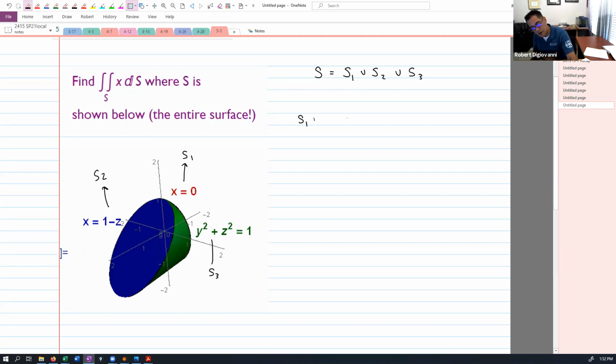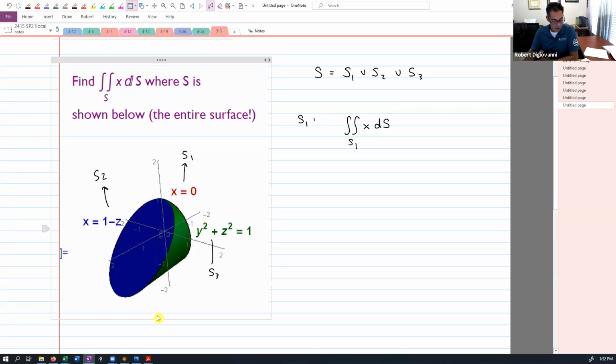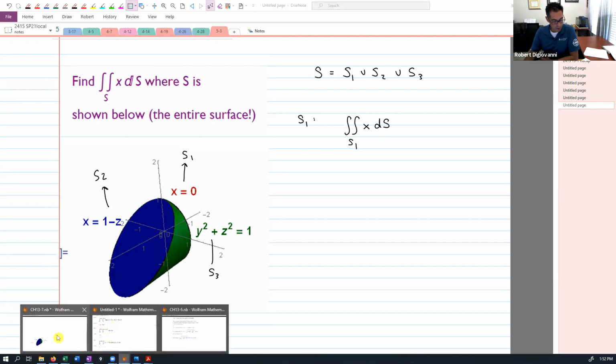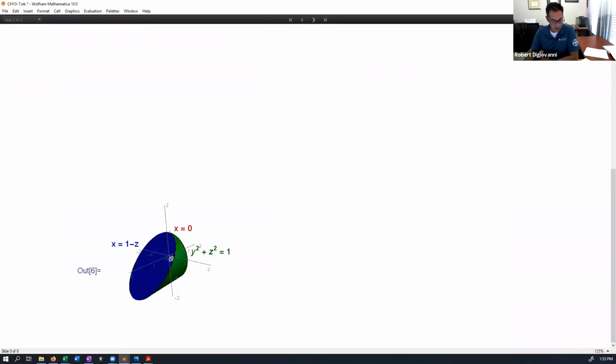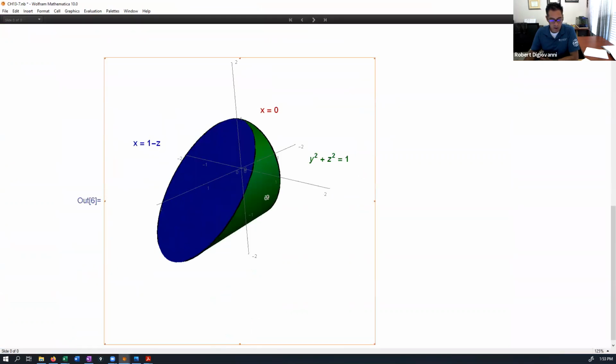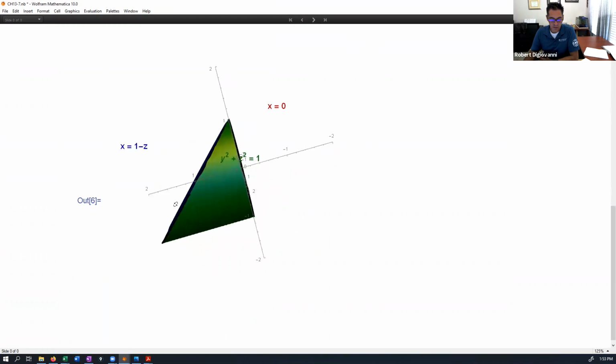So what we're trying to do right now is find the surface integral over S1 of x ds, right? So when you look at that surface, isn't that surface kind of a special case?